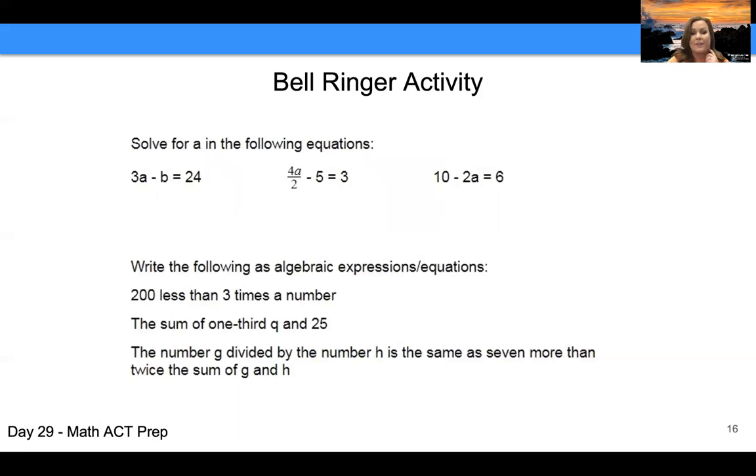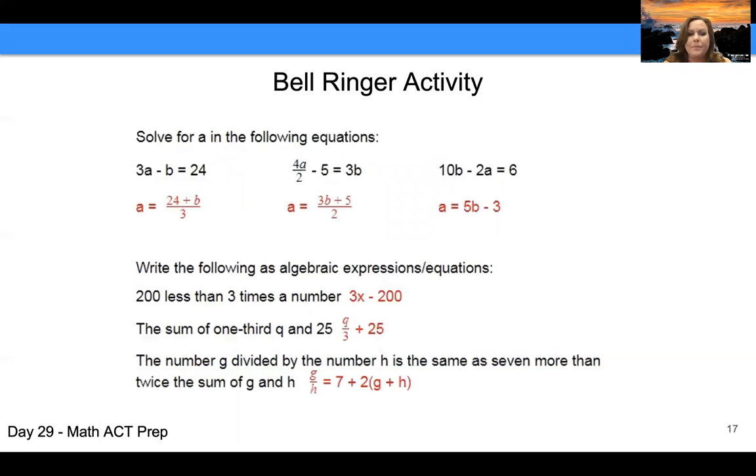Okay, let's check these answers here. We are not solving these equations. We are just solving for A. What that means is you need to get A by itself.